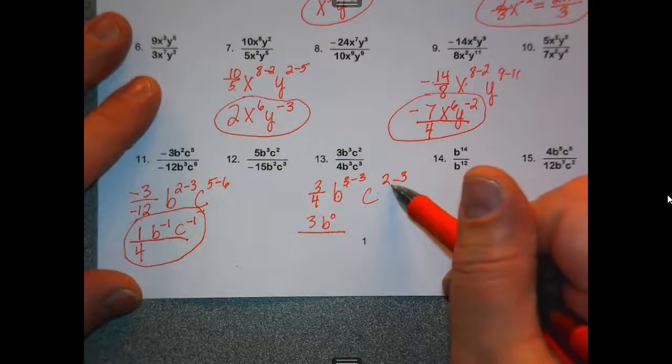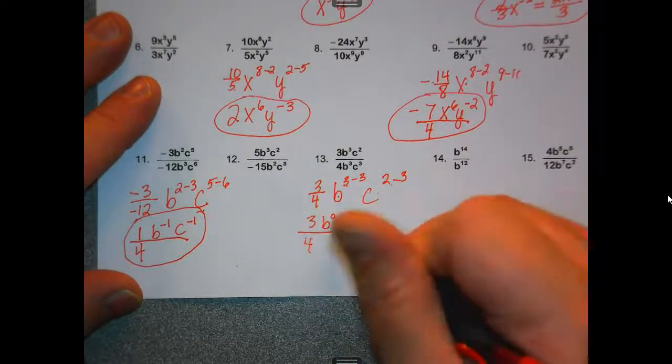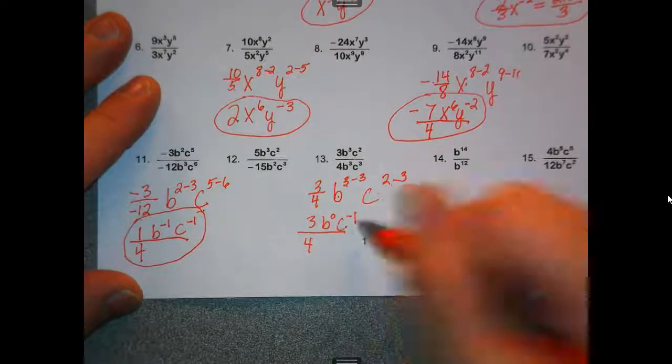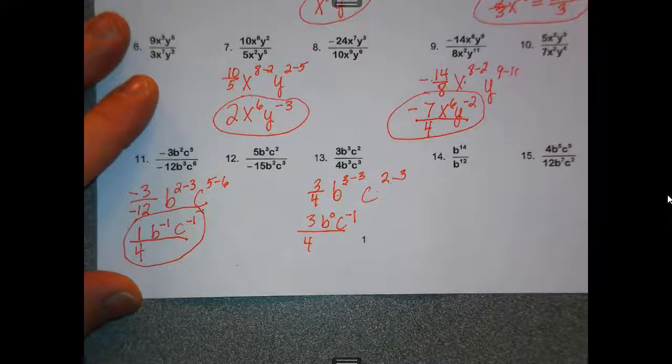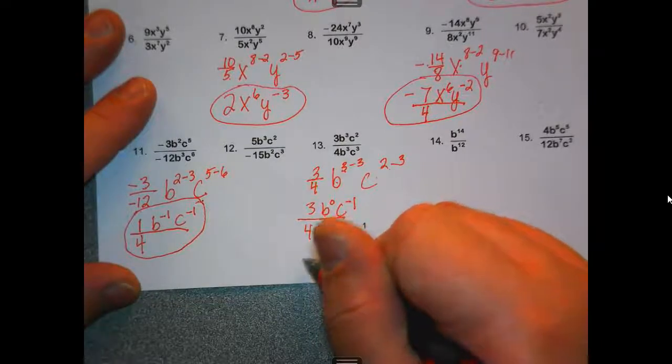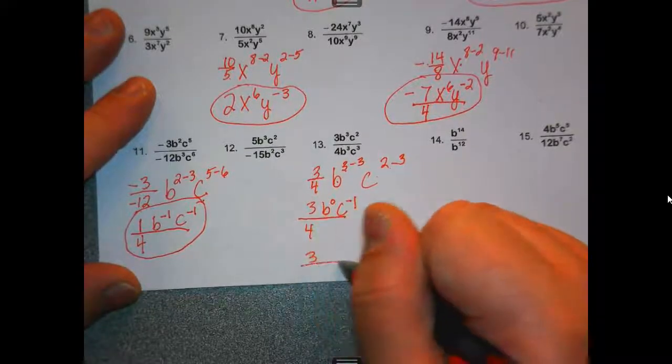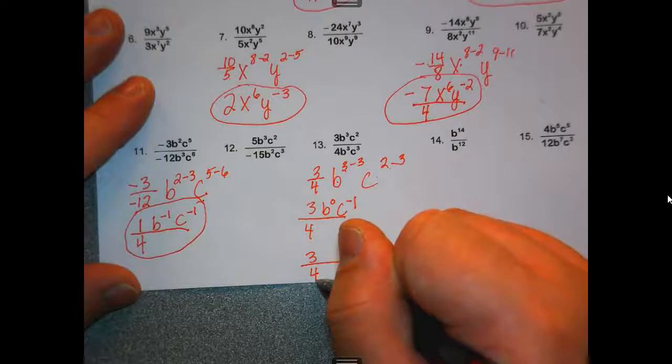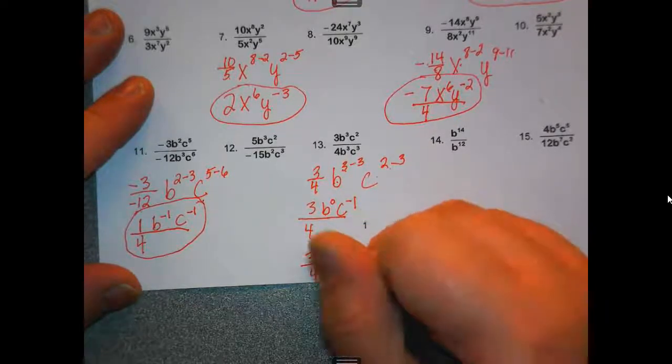C to the 2 minus 3 is c to the negative 1. What's b to the 0? It's just 1, so we don't need it. C to the negative 1.